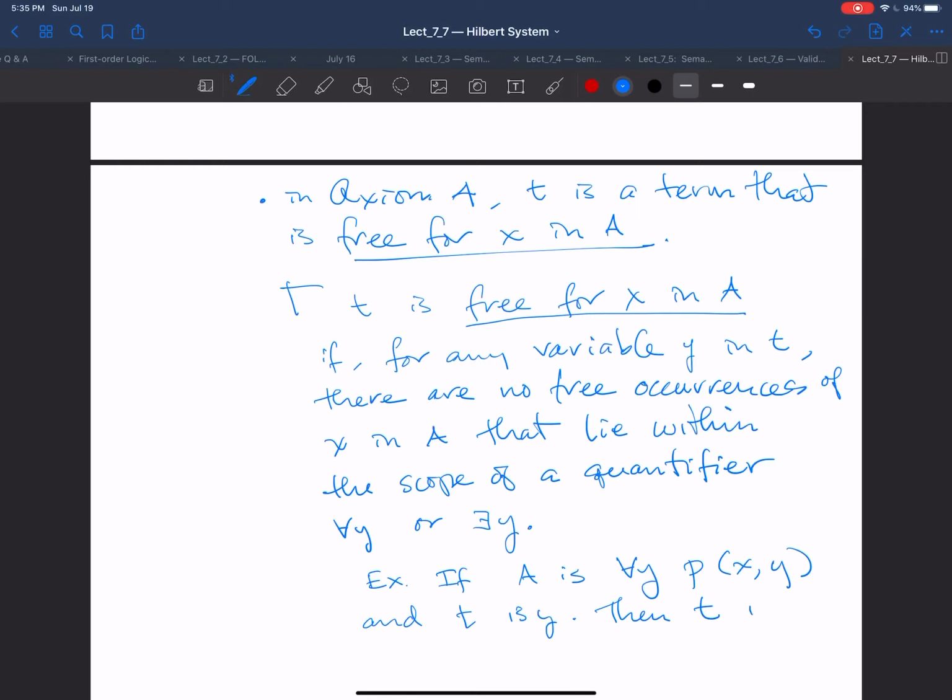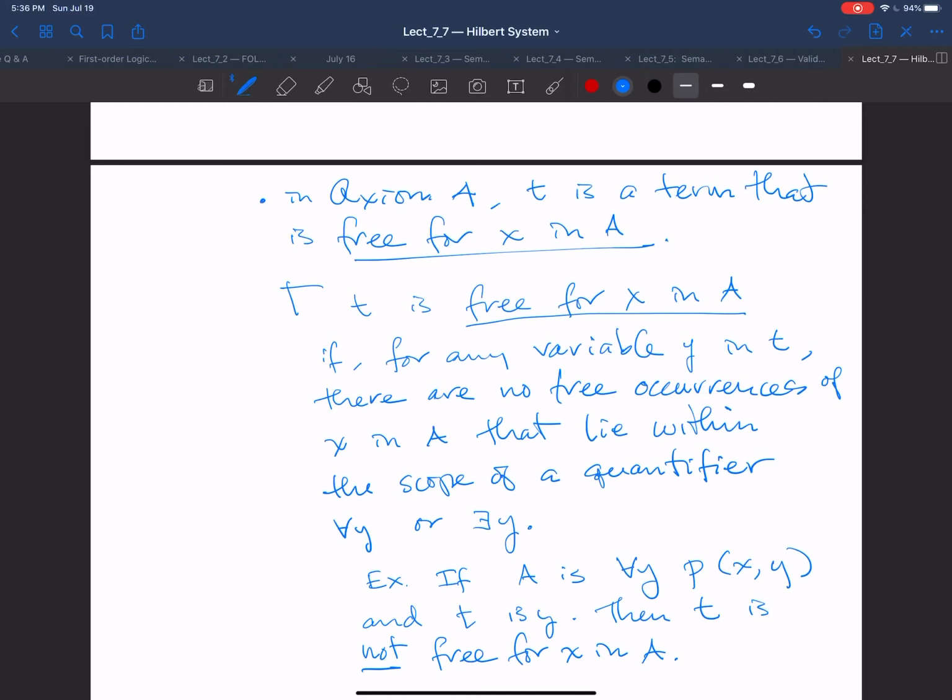Then this t is not free for x in A. The idea intuitively is that when you make the substitution of t for free occurrences of x in A, you shouldn't create any new bound occurrences of y.